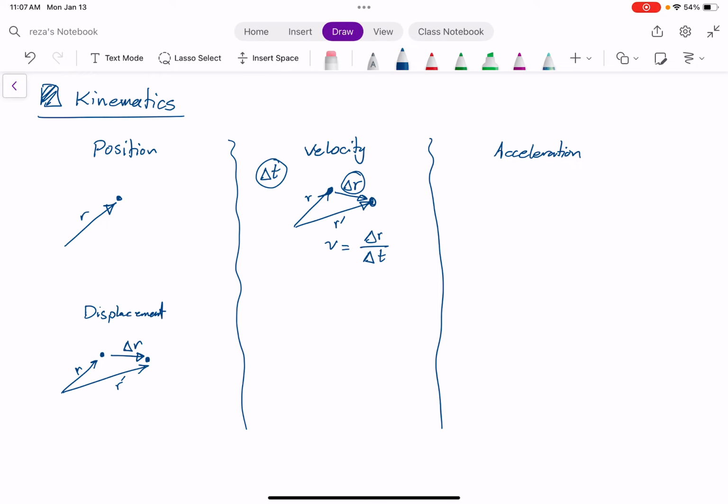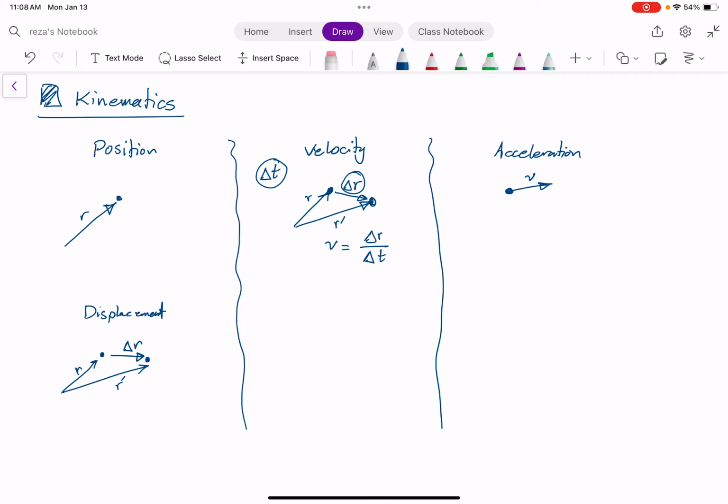And finally, acceleration is the concept of, now imagine you are here somewhere, doesn't matter, and you're moving with some velocity v. So velocity is what you usually expect in driving a car or riding a bicycle. You have some speed and you're going in a certain direction. That is your velocity.